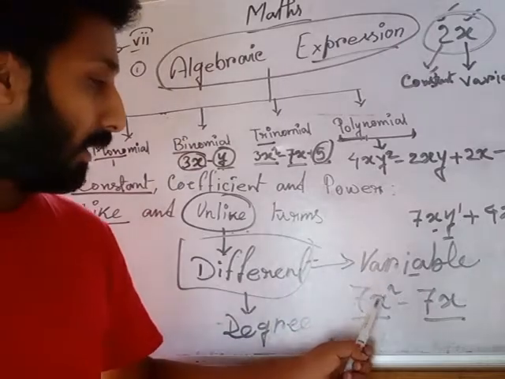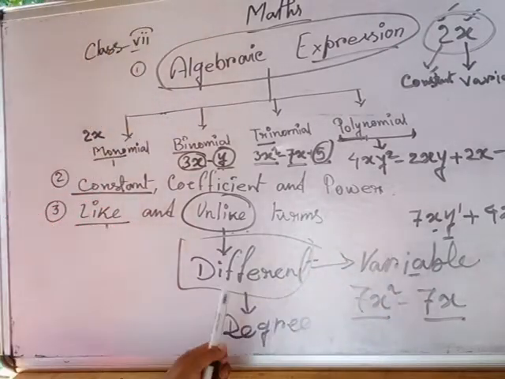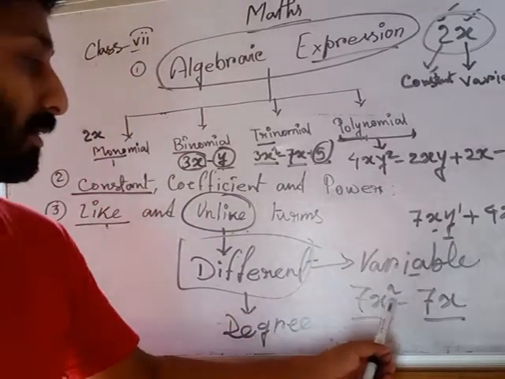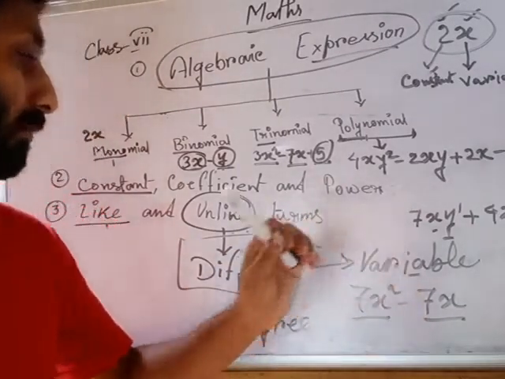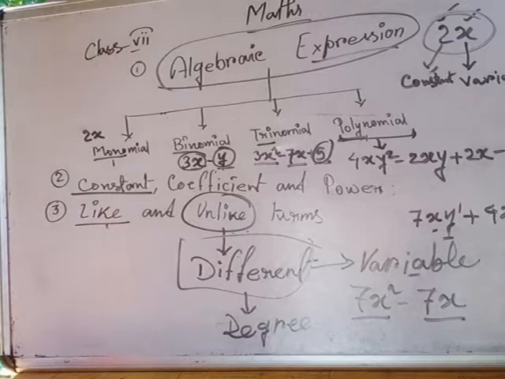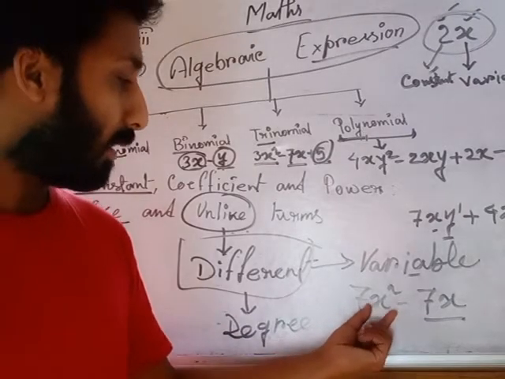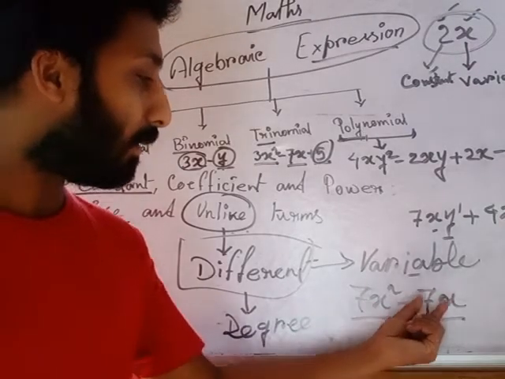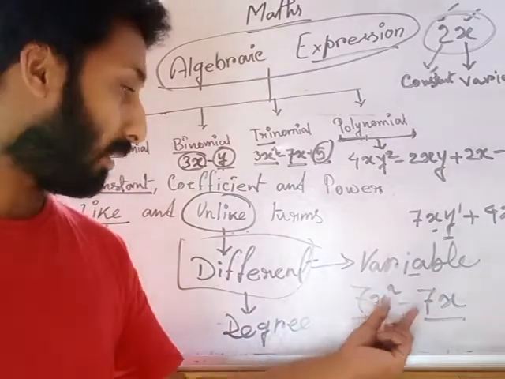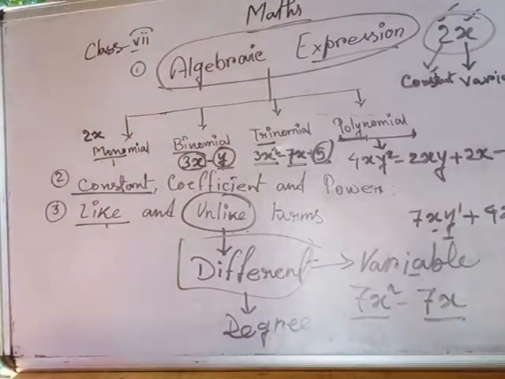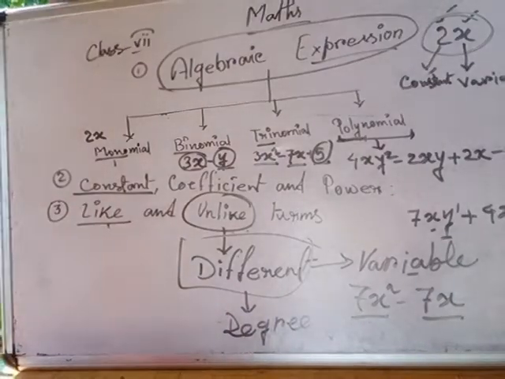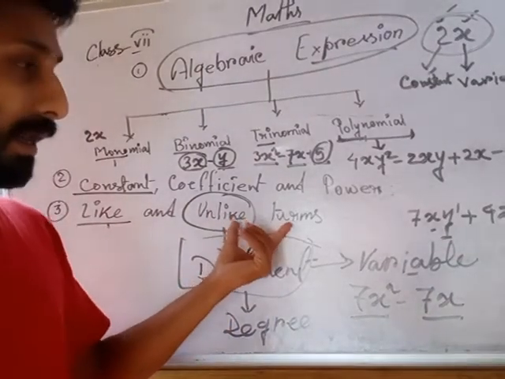If the degree or variable are different, at that time it is called unlike terms. Okay, here the variables are the same but their power or degree are different, at that time, on the basis of degree, it is an unlike term.